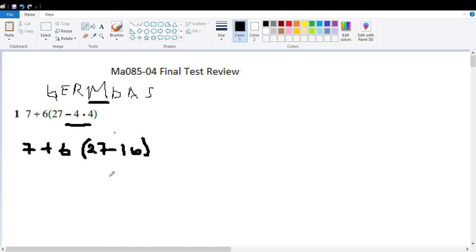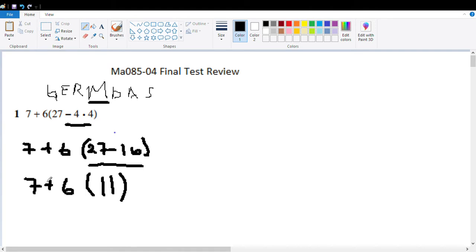Now we're going to do 27 minus 16, which should give you 11. So it's going to be 7 plus 6. And what's the operation between 6 and 11? Multiplication. Why is that? Well, we're just going to copy the parentheses.